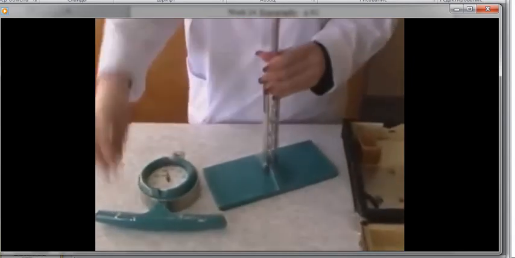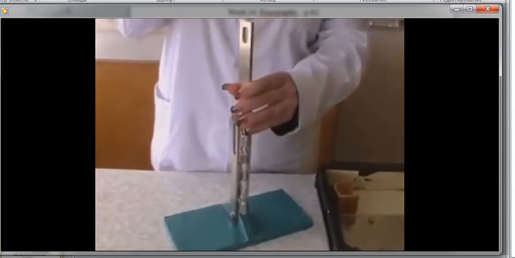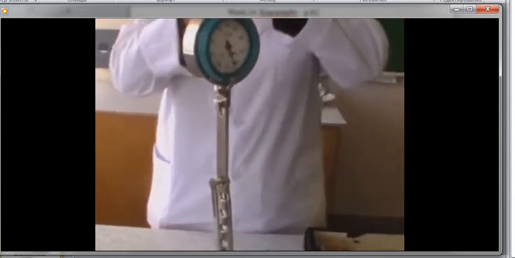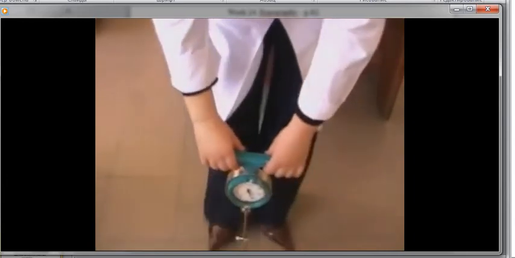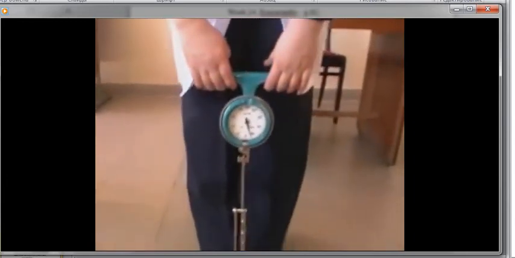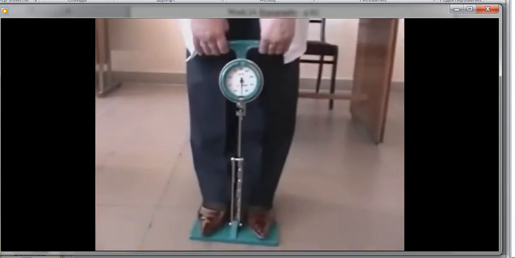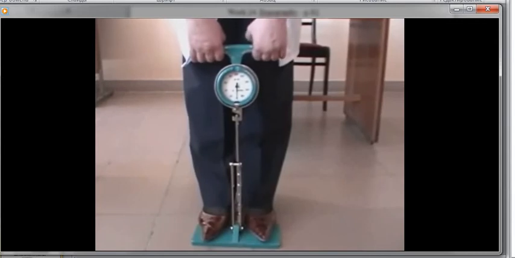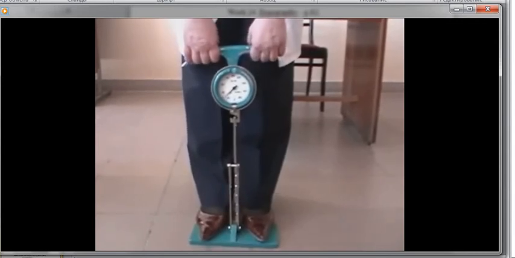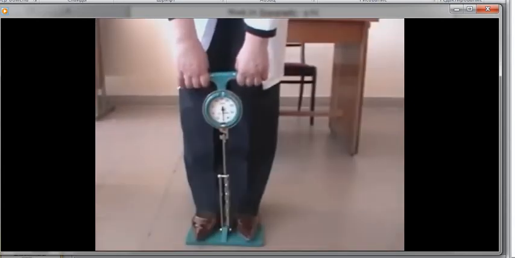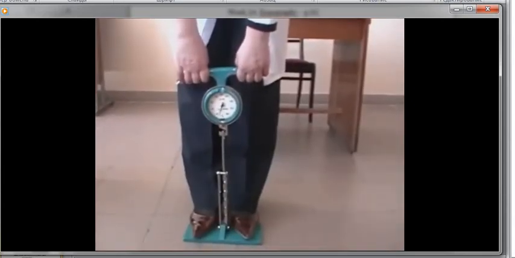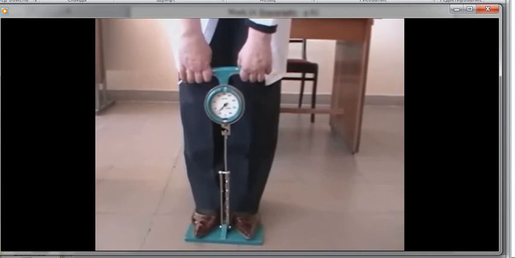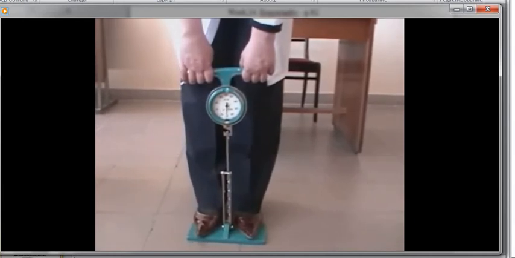And these two are for dynamometry of the muscles of the back. It is 28 kilos the first time and 40 the second.